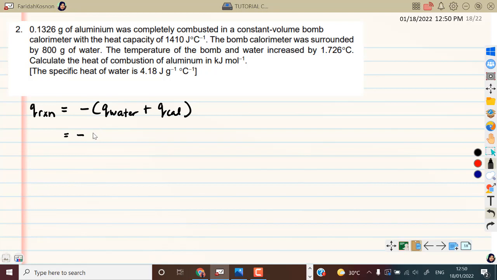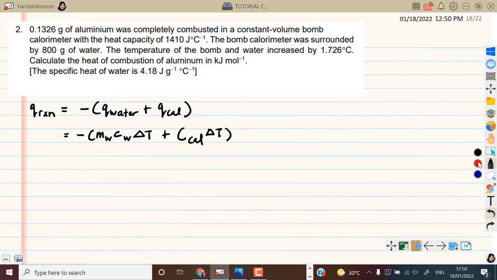So, it is equals to what? Mass of water times specific heat capacity of water times delta T. Okay, plus heat capacity of calorimeter times delta T. Okay, so we have all the informations for water.